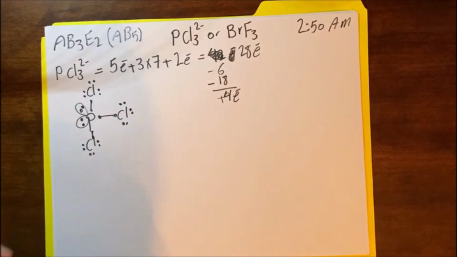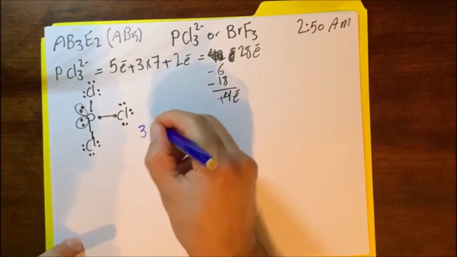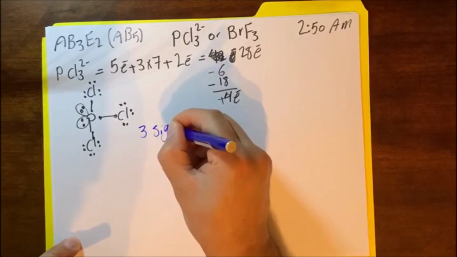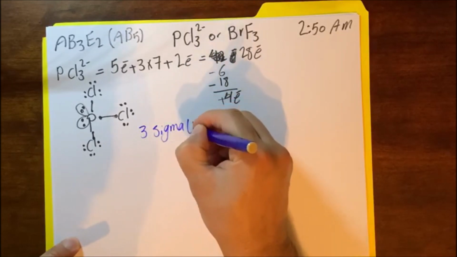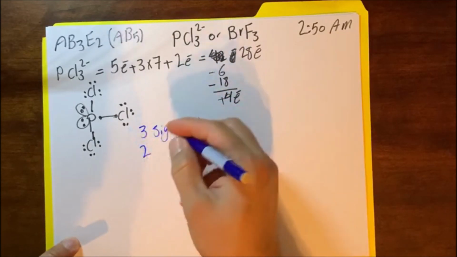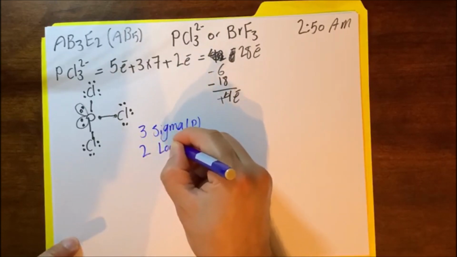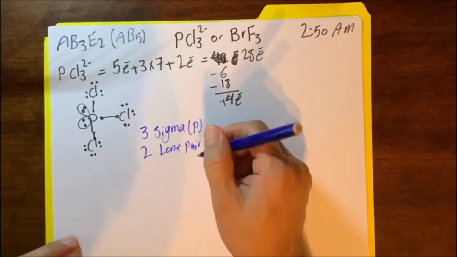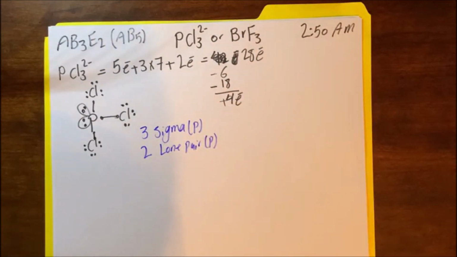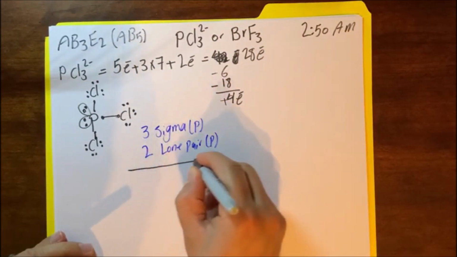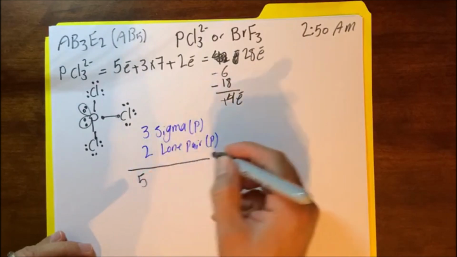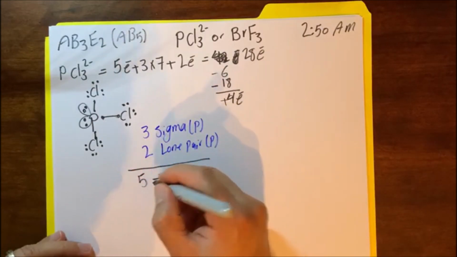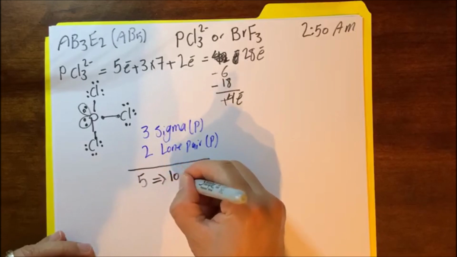We go with 3 sigma bonds for phosphorus, 2 lone pairs. Again for phosphorus, we are dealing with 5. That means we have 10 electrons.